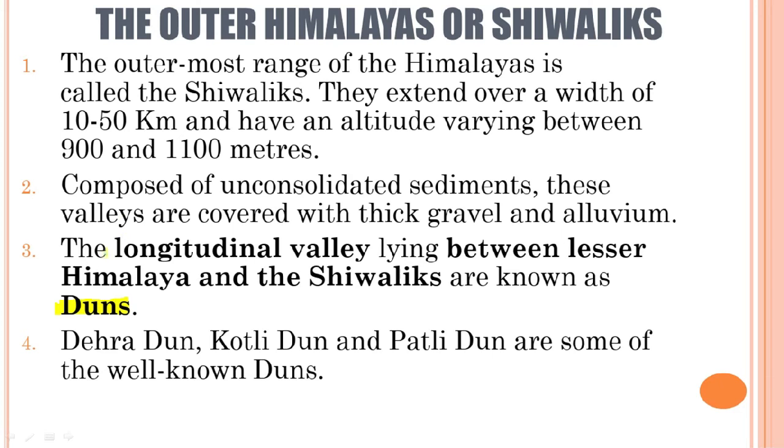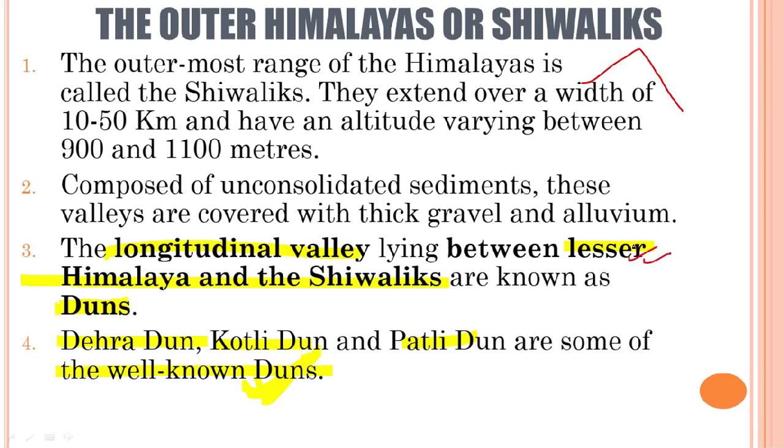What are dunes? Dunes are the longitudinal valleys lying between the Lesser Himalayas and the Shivaliks. Names of some famous dunes are mentioned here: Dehradun, Kotli Dune, Patli Dune, which are some of the famous examples of dunes. Now let us try to understand this by using a diagram. Let us assume that this is your Middle Himalayas, or the Lesser Himalayas.